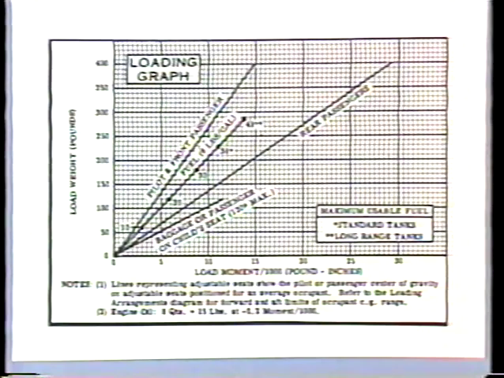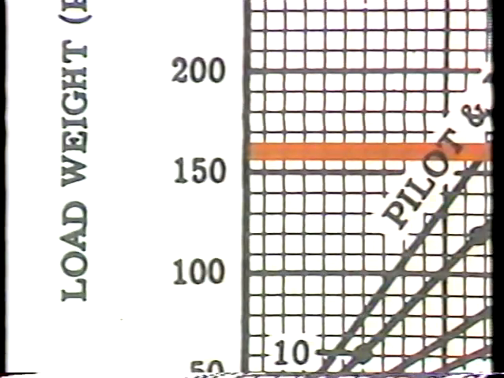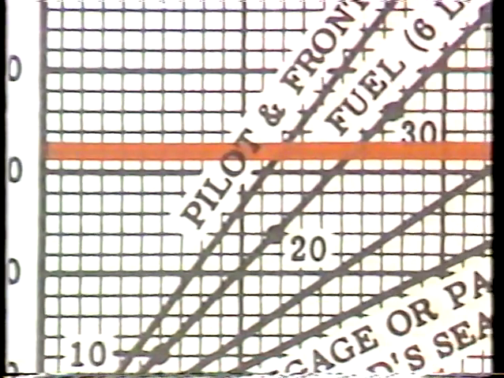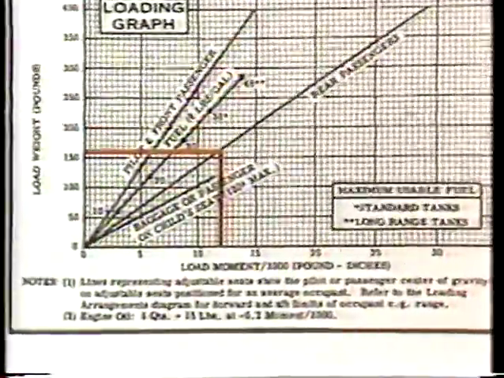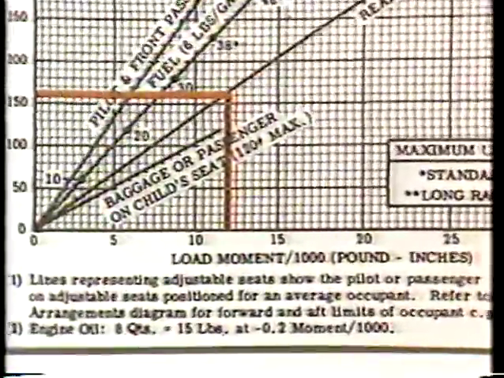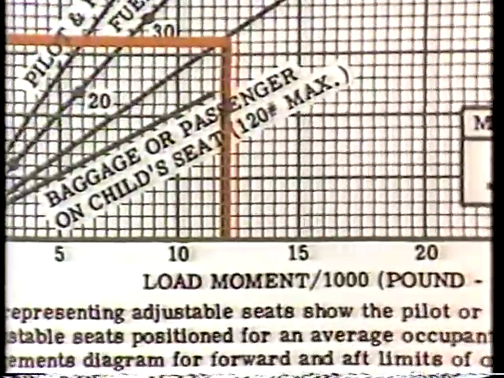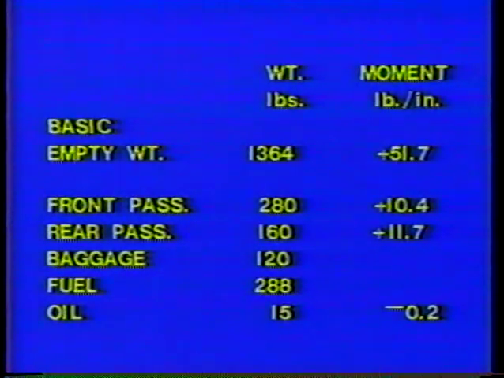To find the rear passenger's moment, go back to the loading graph and enter at 160 pounds. Move horizontally across the chart to the rear passenger line. Then, vertically down again to the moment index of 11.7. Transfer this number to your worksheet.